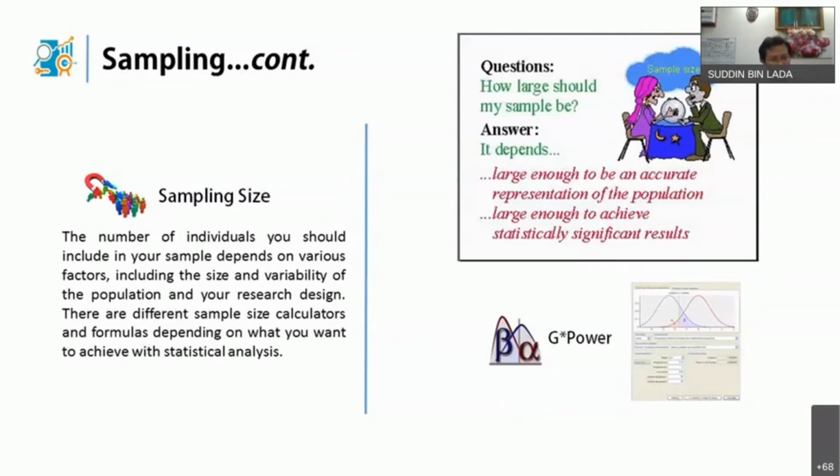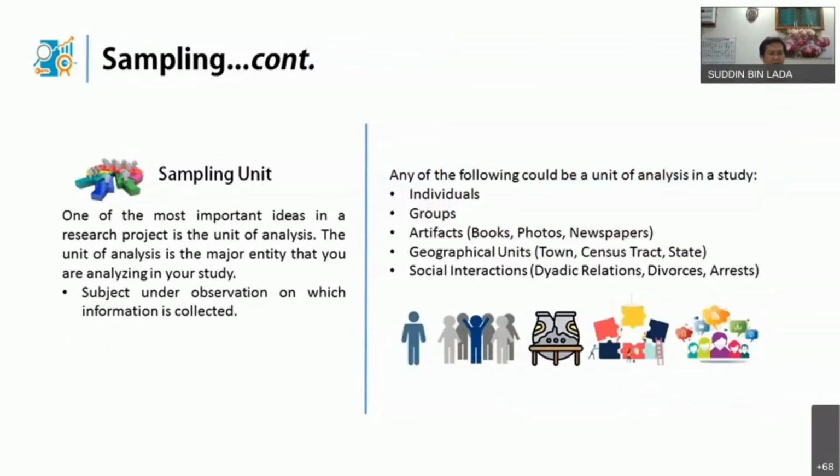But now we have technology, we have software we can use. So if the examiner asks you how you go about selecting your sample size, the answer is I'm using G power. That's it. Right? Okay, move on.